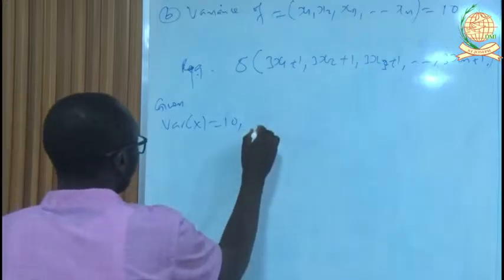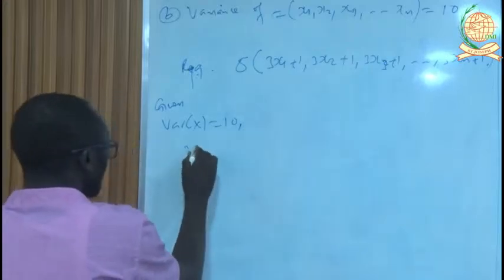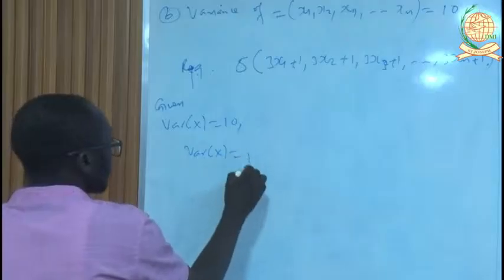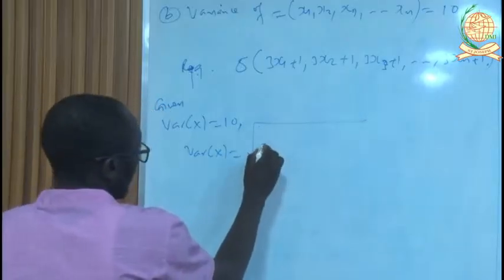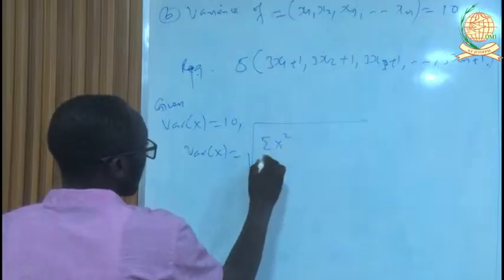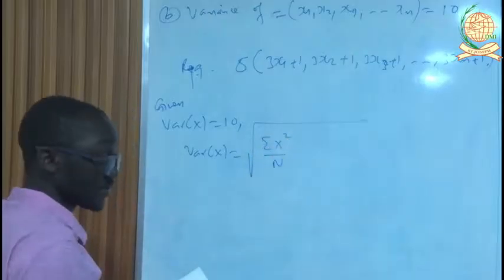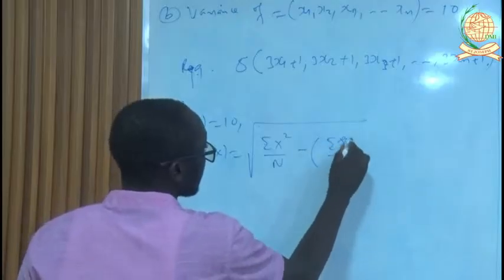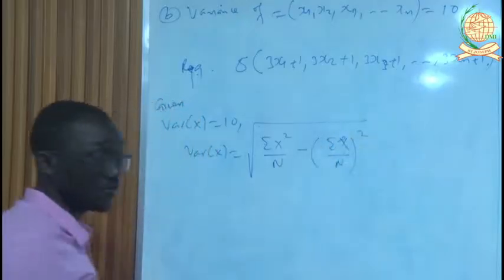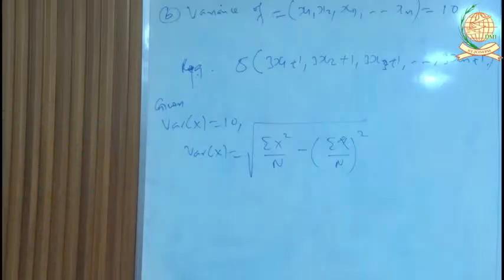Which means the variance of x, we know the form, it is the square root of summation of x squared out of number of frequencies minus summation of x out of number of frequencies squared, because it is summation of x squared minus the mean square.